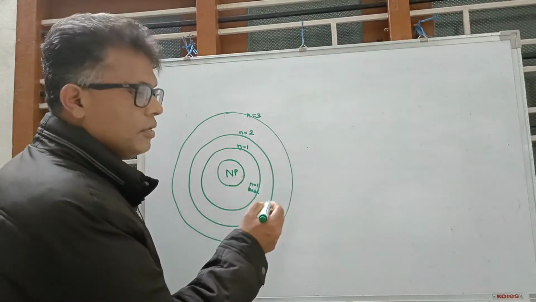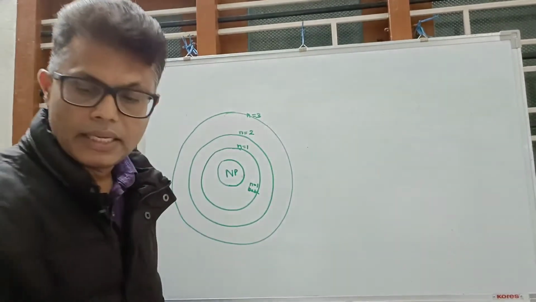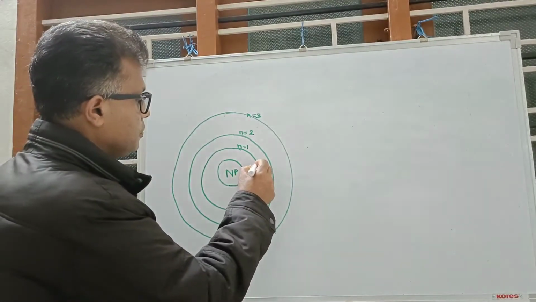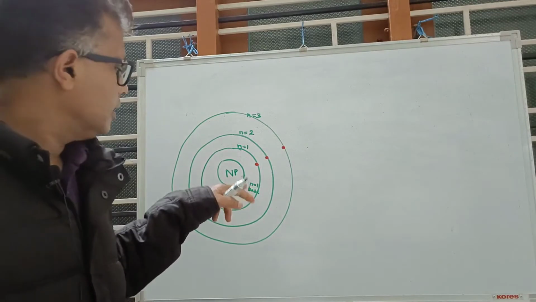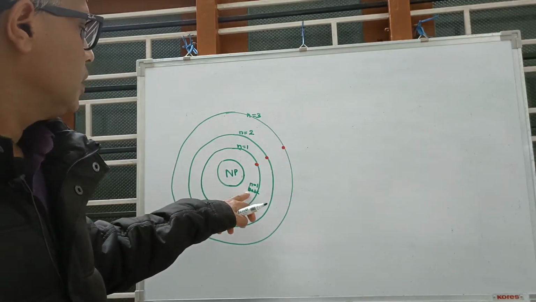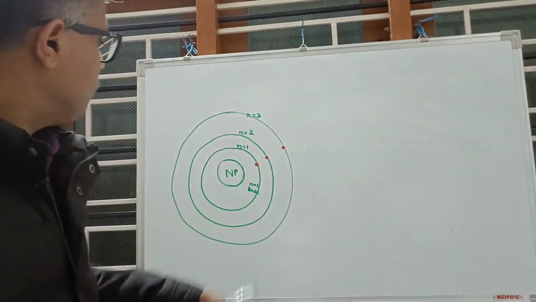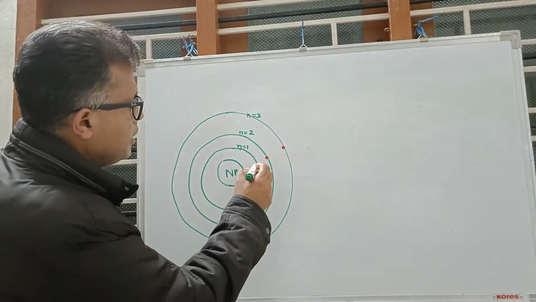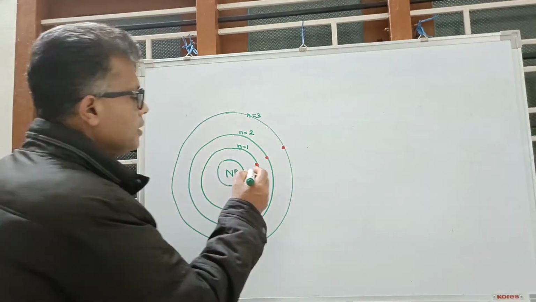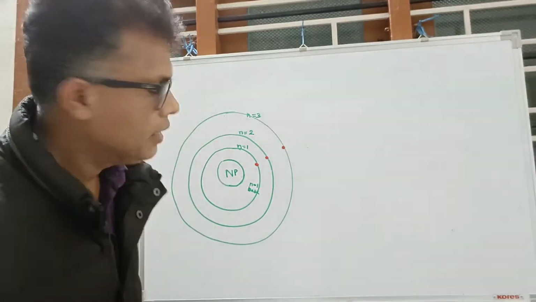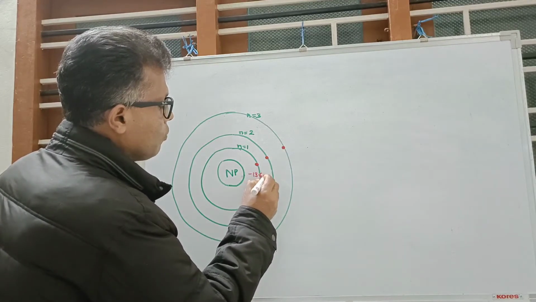See, in these orbits the electrons are rotating. Clear, no? Electrons are rotating. The first orbit is called the base, the base one. So if an electron is revolving in the n=1 state, the base state, then it is revolving with an energy of minus 13.6 electron volt.